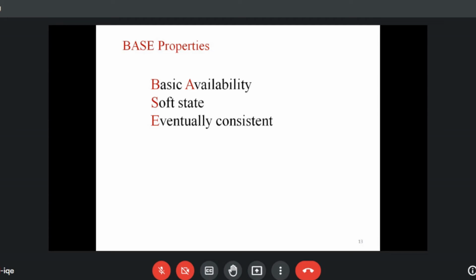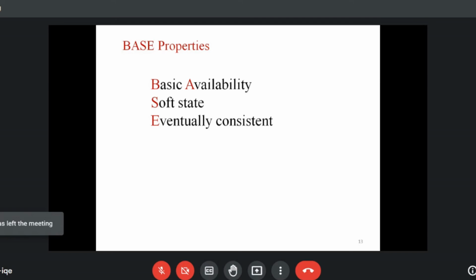So now a new term has been defined, that is BASE. B stands for basic availability, S for soft state, and E for eventual consistency. That means earlier we had the definition of ACID. Now a new definition has come, that is BASE.